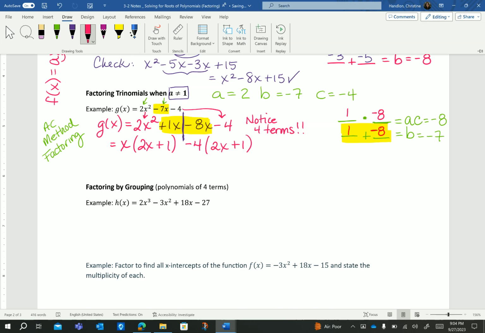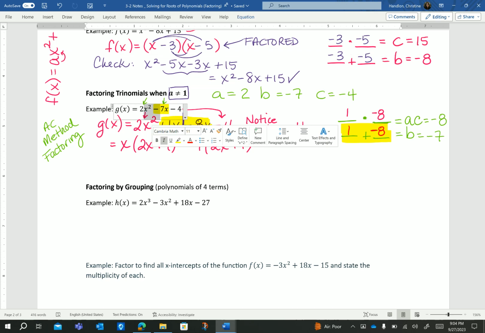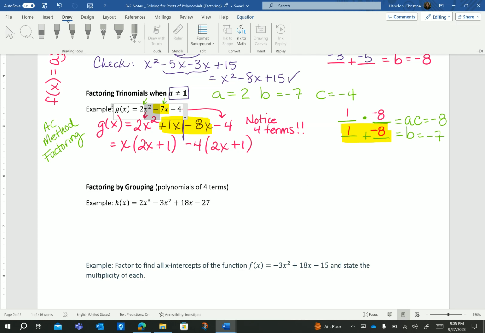So what I'm saying is, let me make it a point here. The first term was a 2x squared, right? I'm trying to get that away. Okay, now it's not cooperating. I'm so sorry. Hold on a second.